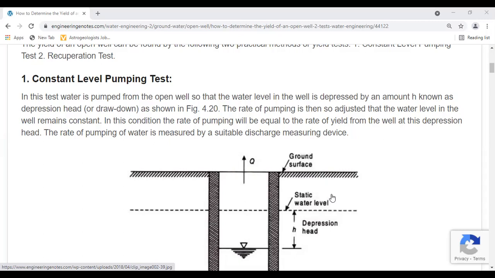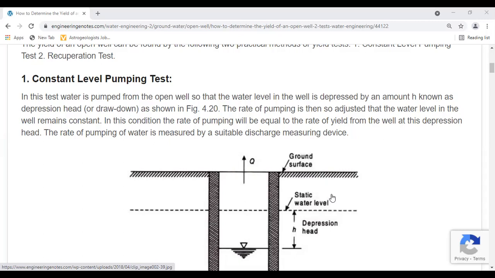When the depression head is large, it may cause the dislodging of soil particles due to high velocities accompanying it. The depression head at which this happens is known as the critical depression head. Normally, the safe depression head, also known as the working head, is taken to be one third of the critical depression head.